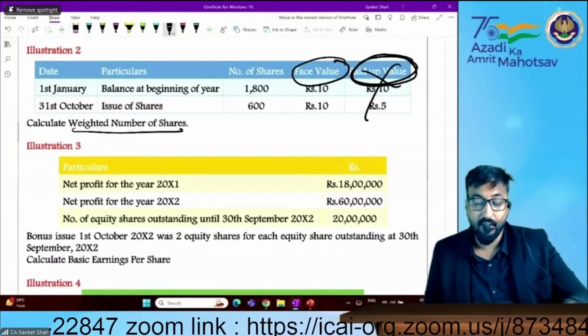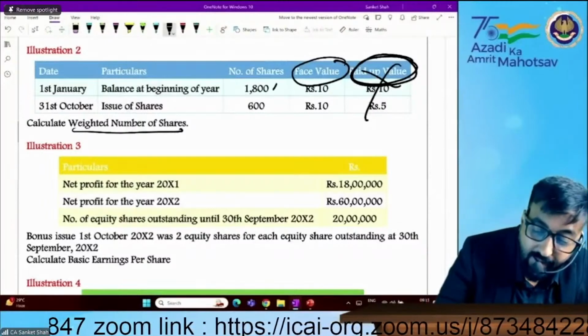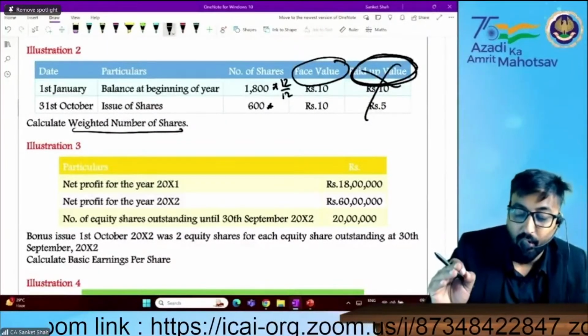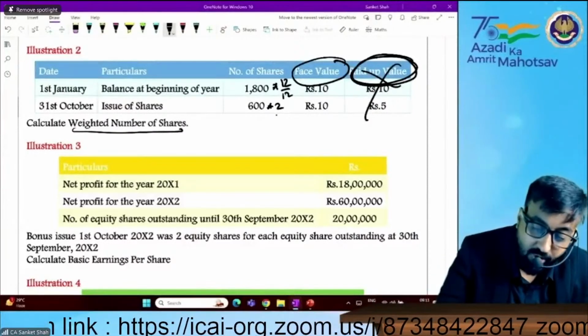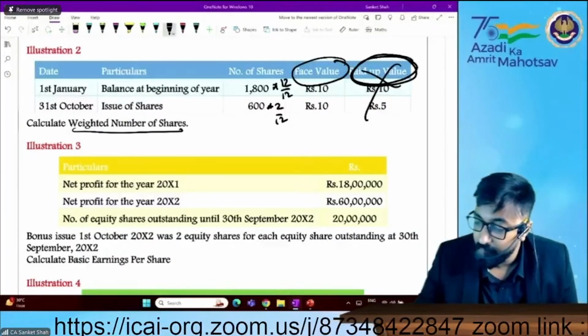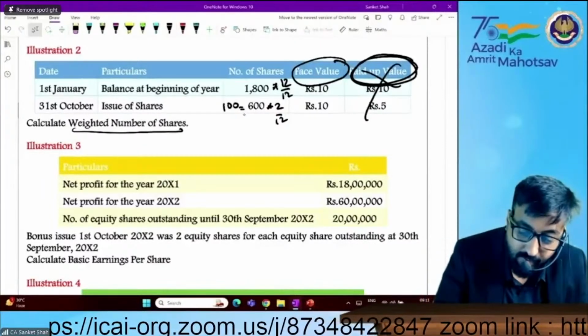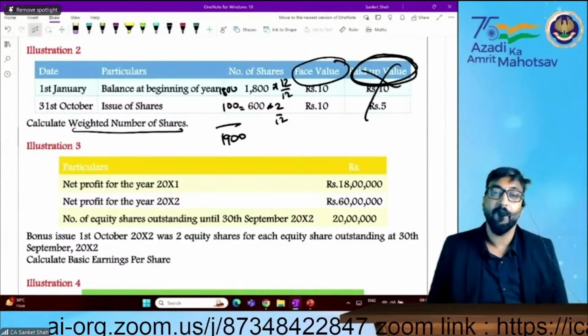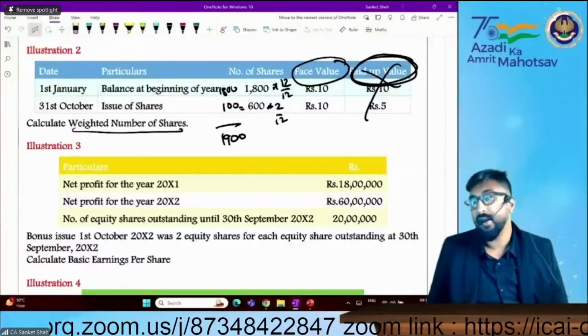See the answer. If there is no paid up value, 1800 for 12 months and 600 for October, November, December, so 2 by 12, 600 into 2 by 12 is 100 shares. This is 1800, so your answer will be 1900. Correct, 1900.